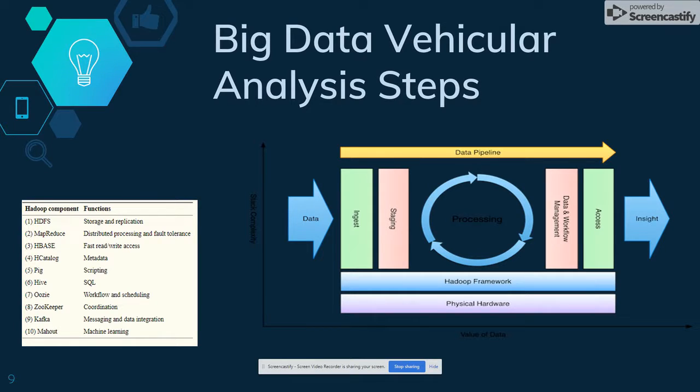The first step is collecting the data. In this case, the data comes from IoT devices, roadside units, police officers, computers, and other sources. The next step is to ingest the data into the system. So once you have the cluster set up, we have to decide how to load the data.